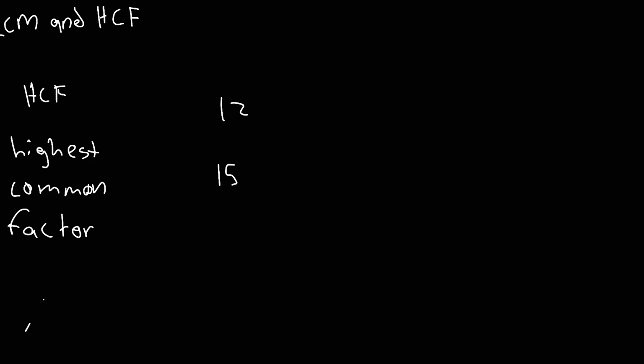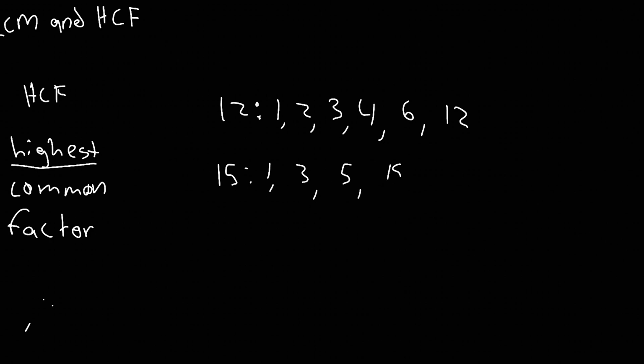All we have to do is list down all of their factors, and whatever highest number we get is my highest common factor. So for 12, let's go with 1, 2, 3, 4, 6, and 12. These are all the factors of 12. And for 15, we can go with 1, 3, 5, and 15.